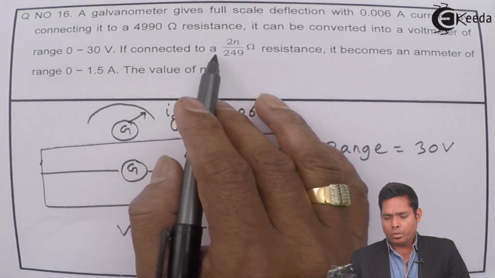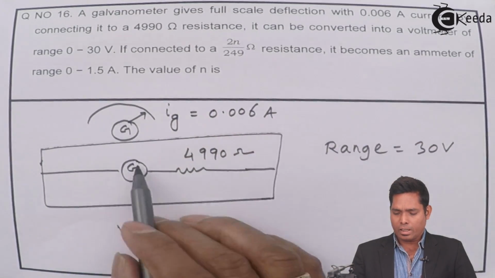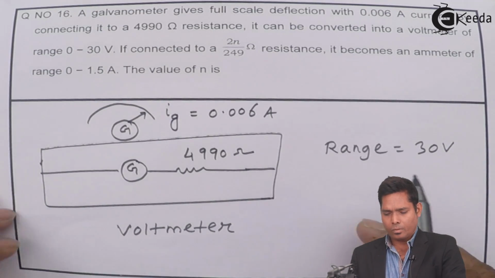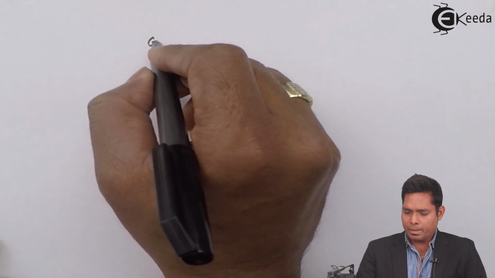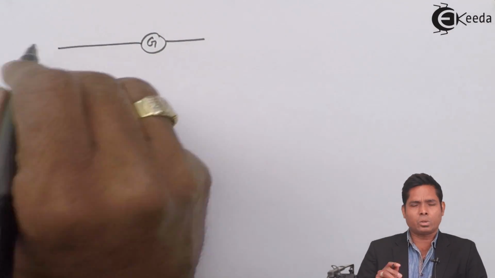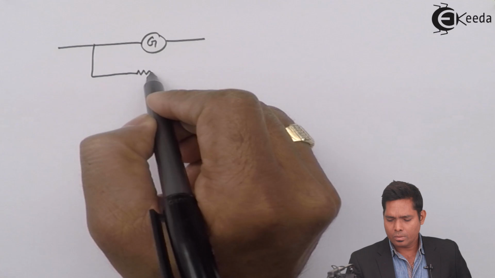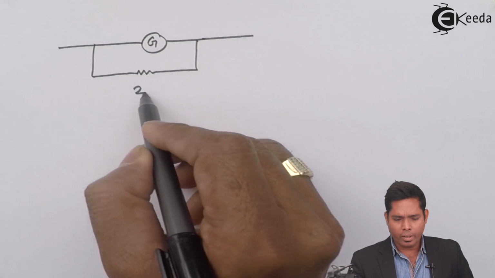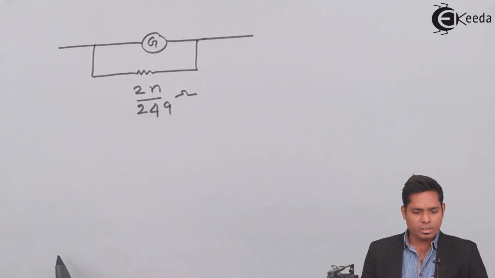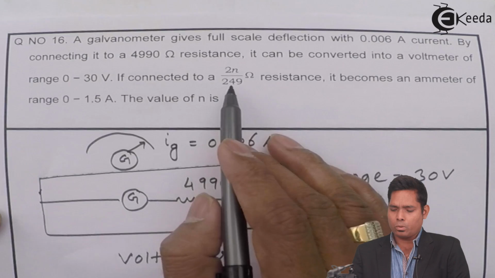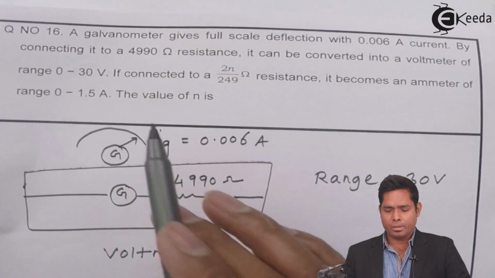If connected to a 2N/249 ohm resistance, it becomes an ammeter. So the same galvanometer, when connected to the resistance given as 2N/249 ohm, becomes an ammeter and measures up to a range of 1.5 ampere.